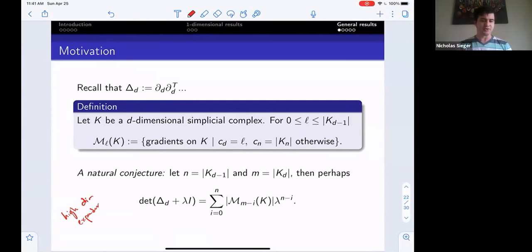I was wondering if there was any connection that you had here, given that a lot of the high dimensional expander stuff is looking essentially at eigenvalues of these Laplacians, and these sorts of up-down walks that you were talking about with the discrete Morse functions anyway.